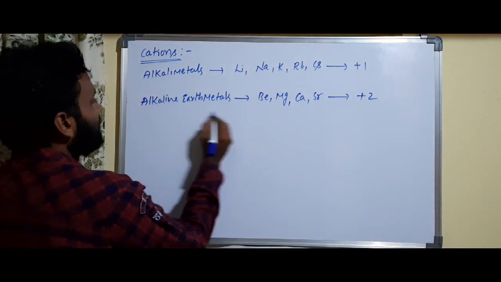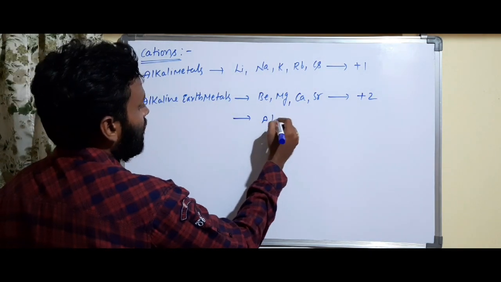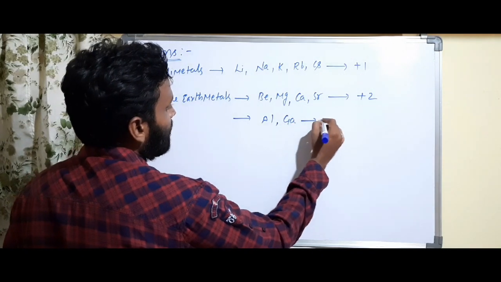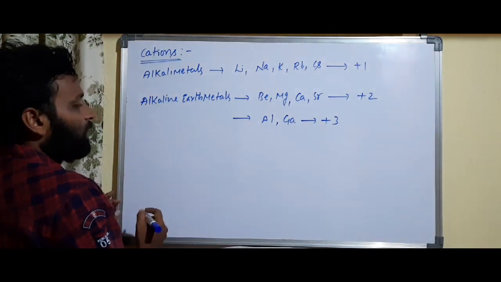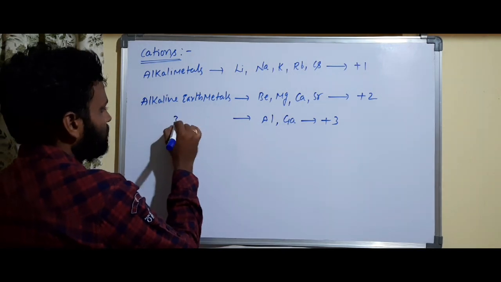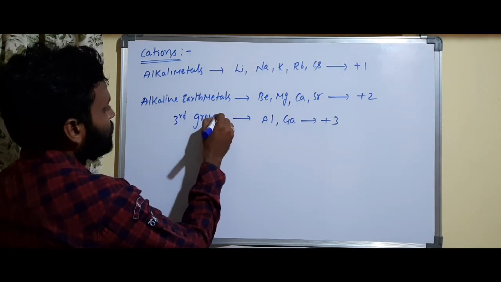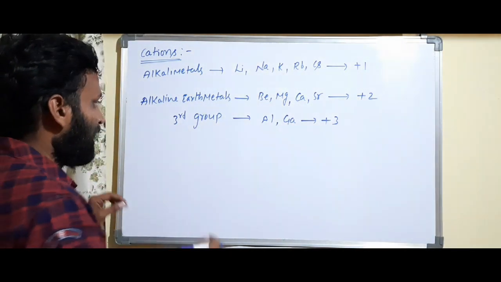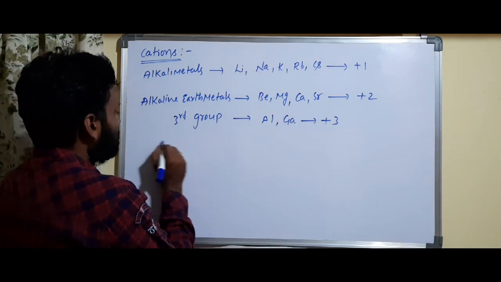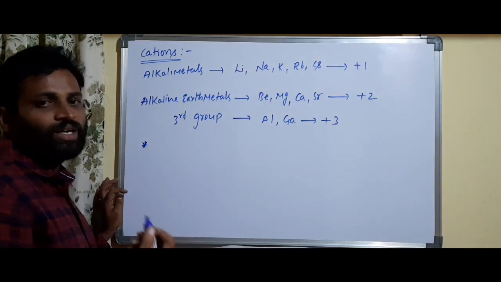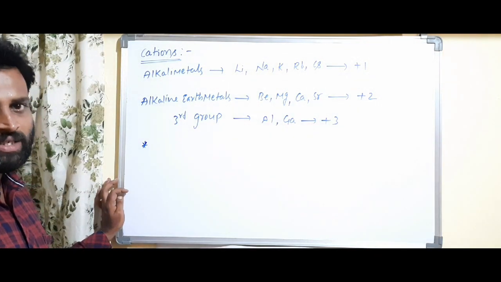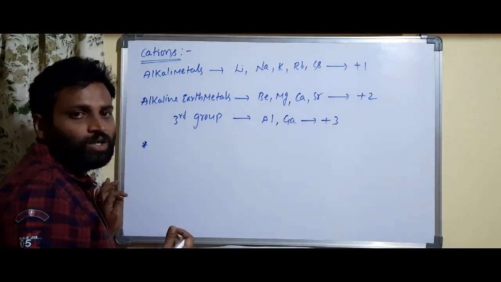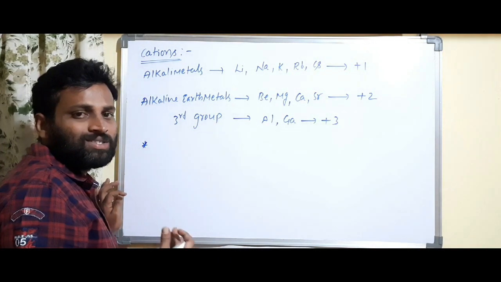And some metals like aluminium and gallium, these all get a +3 charge. These come under the third group actually, which we call the boron family. In that they will get +3 charge. And some cations use different oxidation states, different charges, +1, +2, +3. Formal charges we call oxidation states.